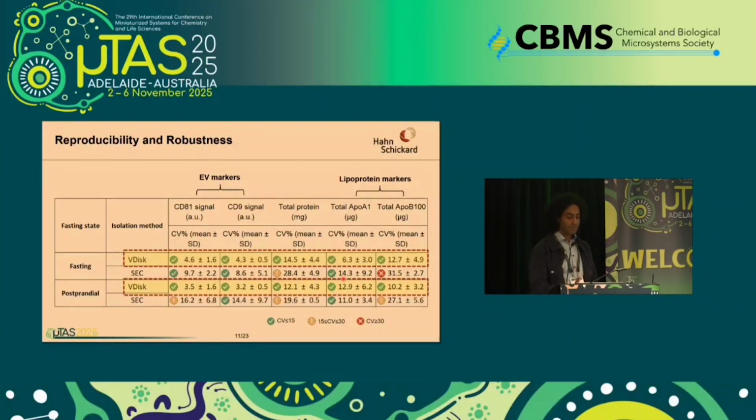Even when processing the postprandial samples, we still saw that the VDisk can keep the CV values below 15%. That indicates that VDisk can maintain robustness and reproducibility because it works in the same way in both fasting and postprandial samples.